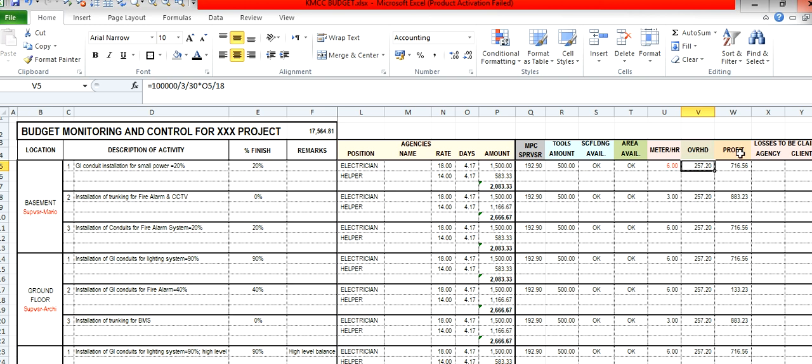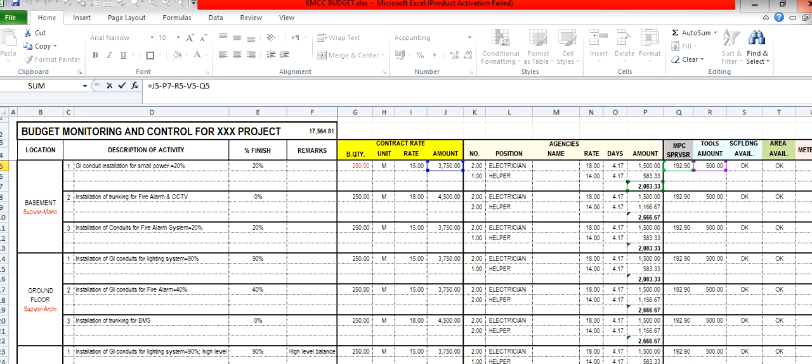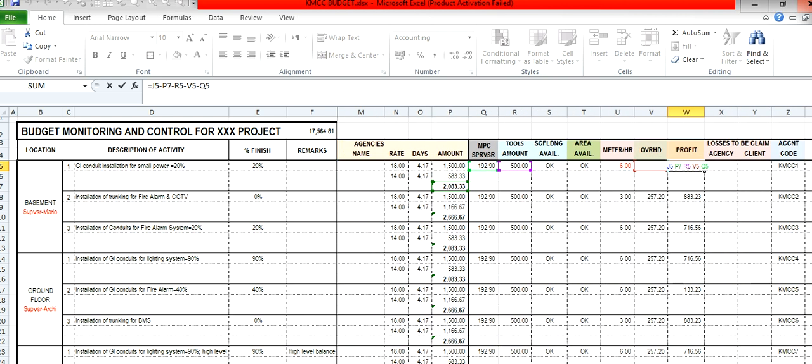So the profit means in this activity you make 3,000. Then you have to pay the agency 2,000. You also have to minus the supervisor, minus the tools, and minus the overhead salary of the staff.